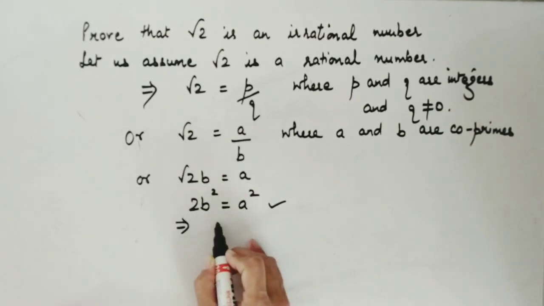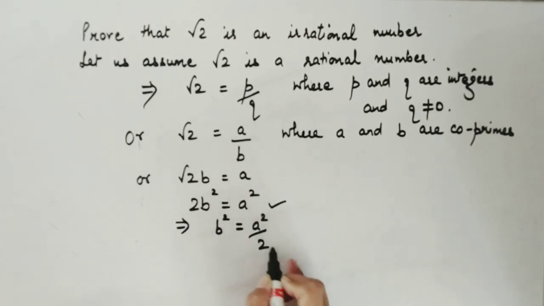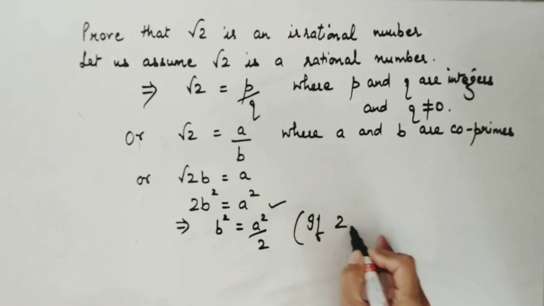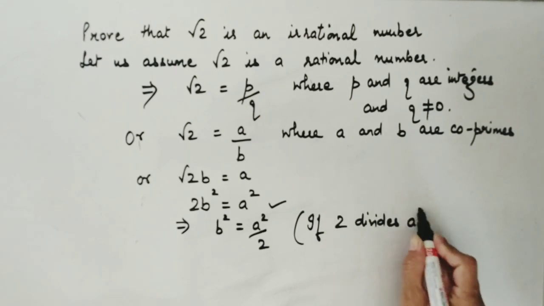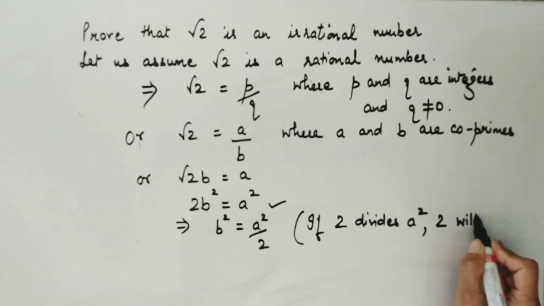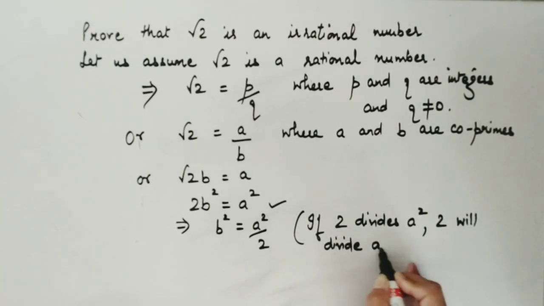Look at this. Can I write it in the form b square is a square by 2? This means if 2 divides a square, 2 will divide a as well.